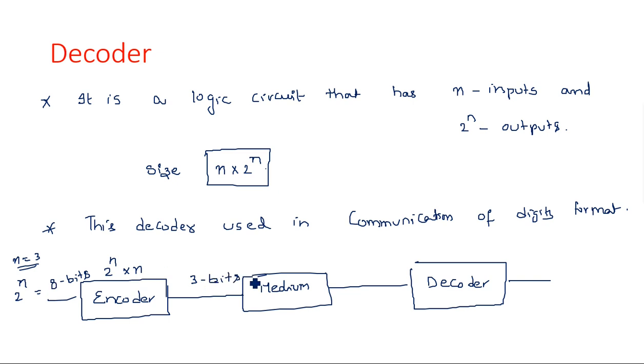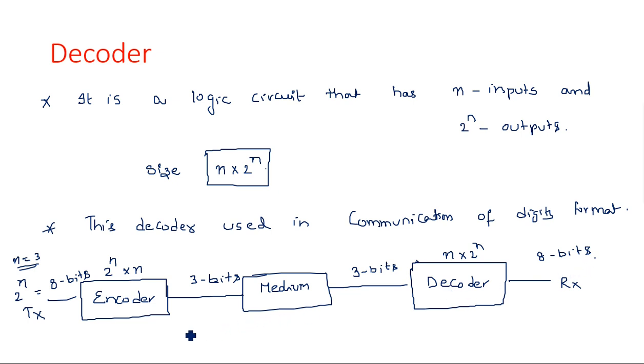These 3 bits pass through the medium, and after the medium we still have 3 bits. What is the size of the decoder? The decoder size is n by 2 power n. With 3 bits given, 2 power 3 is the output. So again we receive 8 bits of information at the receiver. Here we have the transmitter and here the receiver. Transmitted bits are 8 and received bits are again 8.